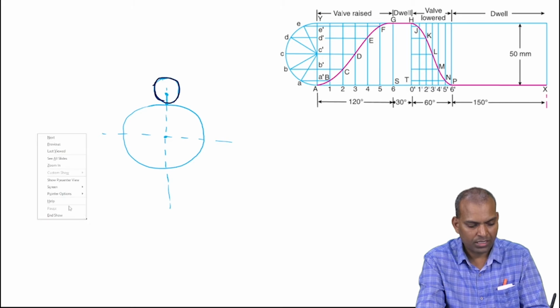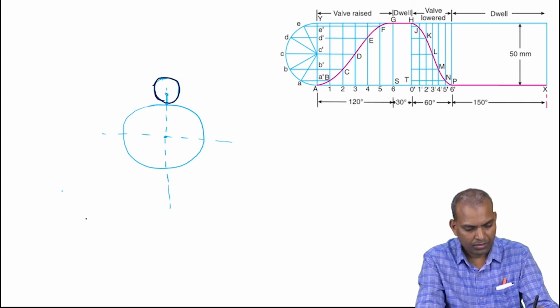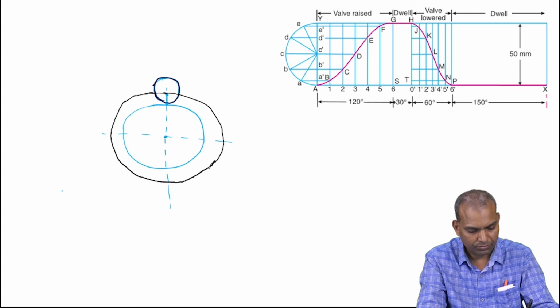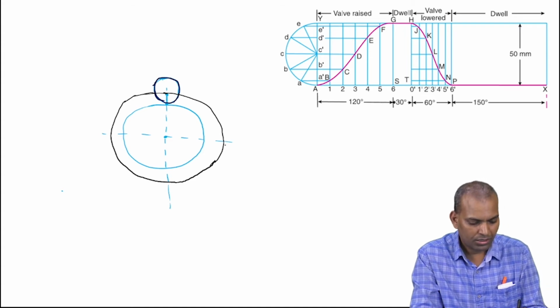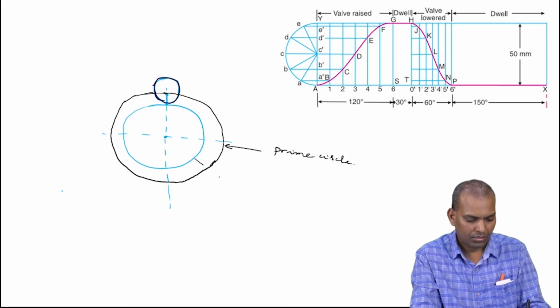That circle is known as the prime circle. This is the prime circle. This is the base circle.